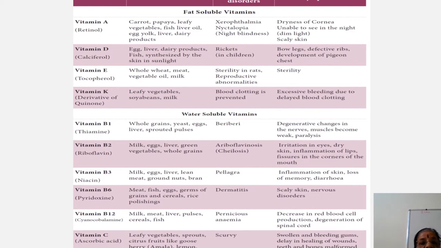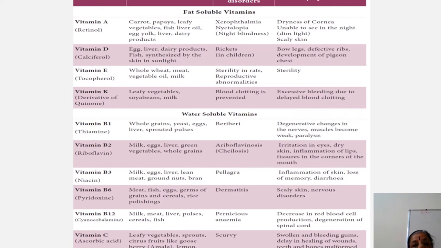So I repeat: vitamin A, retinol; vitamin D, calciferol; vitamin E, tocopherol; vitamin K, derivative of phenol; vitamin B1, thiamine; B2, riboflavin; B3, niacin; B6, pyridoxine; and B12, cyanocobalamin. Vitamin C is also known as ascorbic acid.